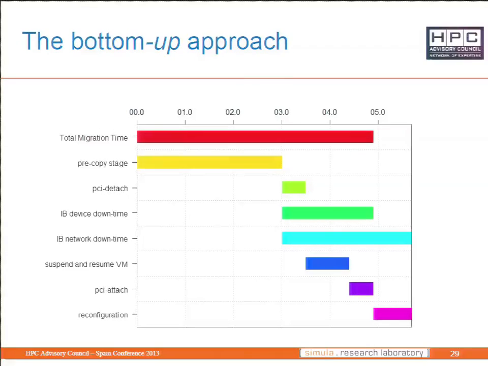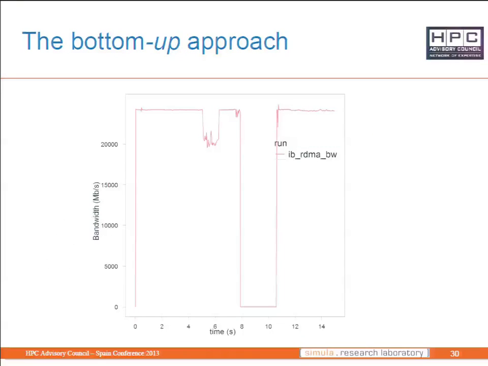And the interesting thing to notice here, of course, is the network downtime, which is 2.7 seconds in this experiment. And as you see, the downtime starts right after the warm-up stage here, because it's where we initiate the PCI detach operations.